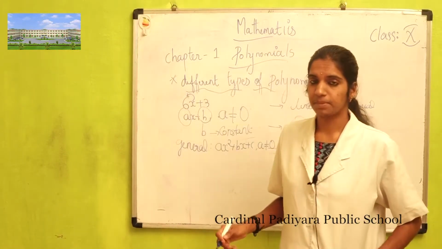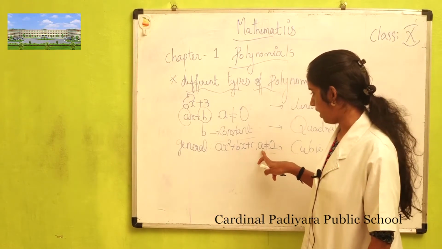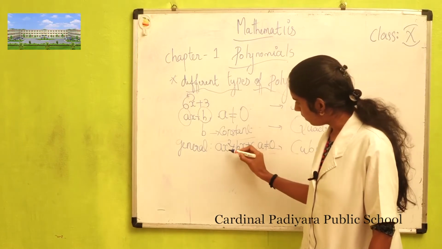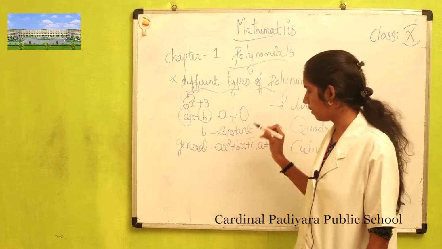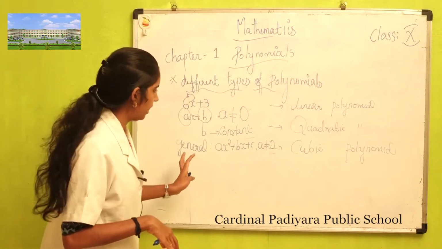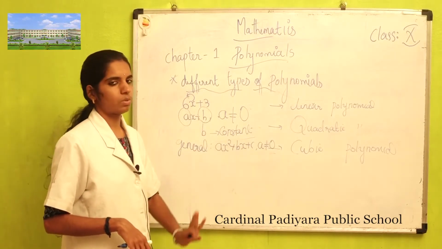Ax square plus bx plus c, where a not equal to 0. Okay, because what's the power of x here? 2. So its name is quadratic. Okay, so what is the standard form? General form or standard form is ax square plus bx plus c, where a not equal to 0.